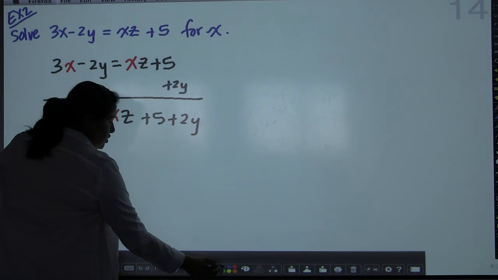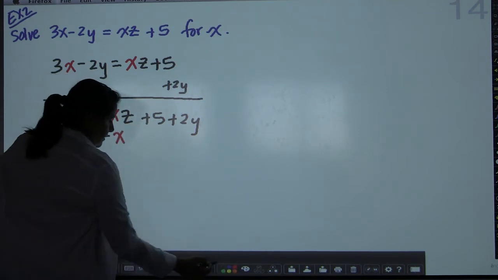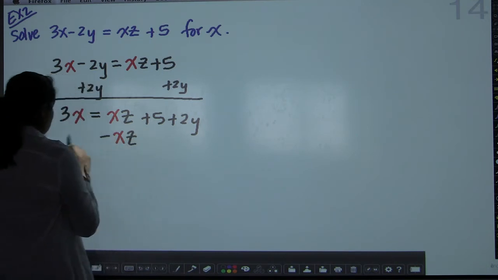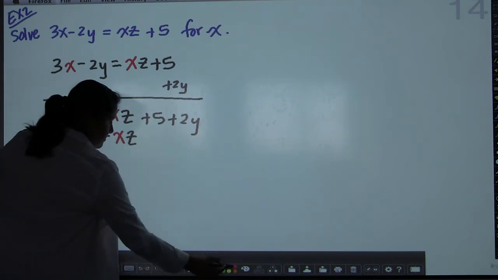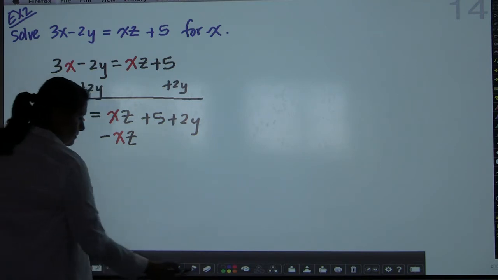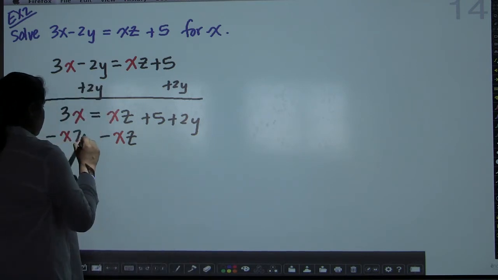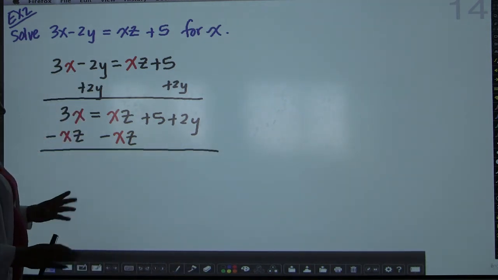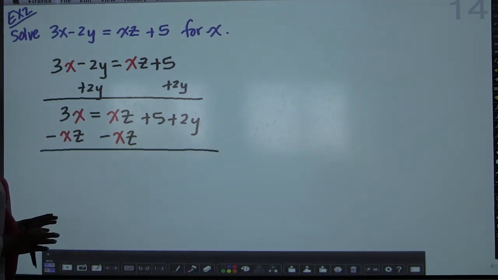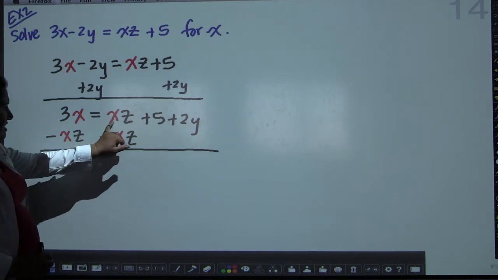So you're going to want to subtract xz from both sides. Okay, so I hope that you're seeing there that despite the fact that it can seem scary, I'm not doing anything really new. I'm just doing the opposite of what's being, this is a positive xz.